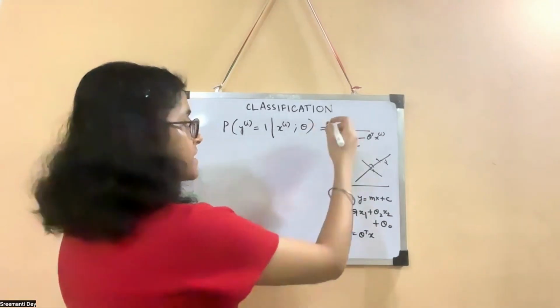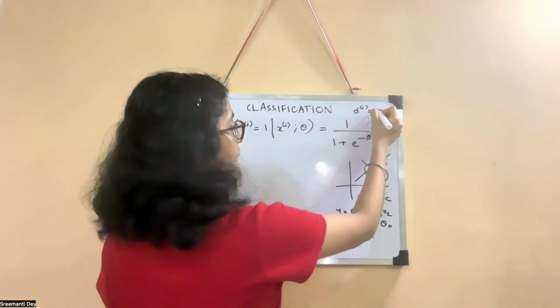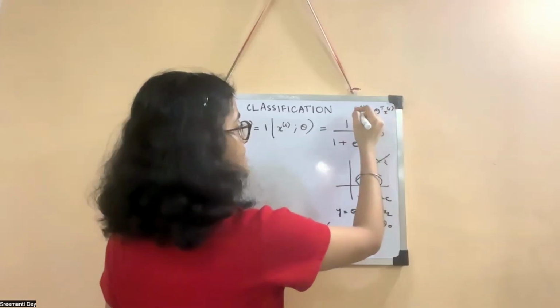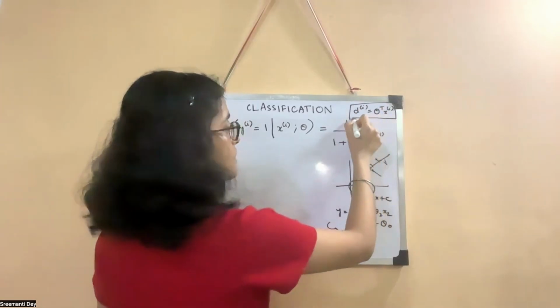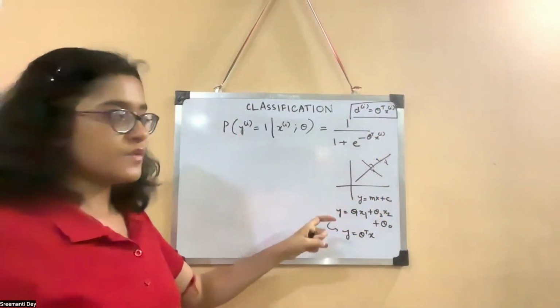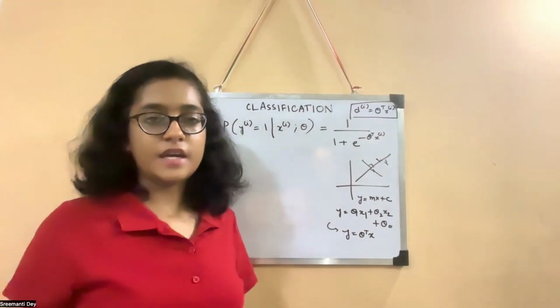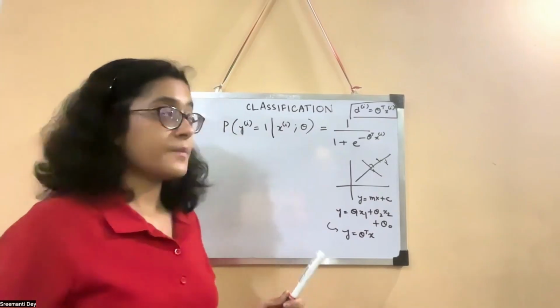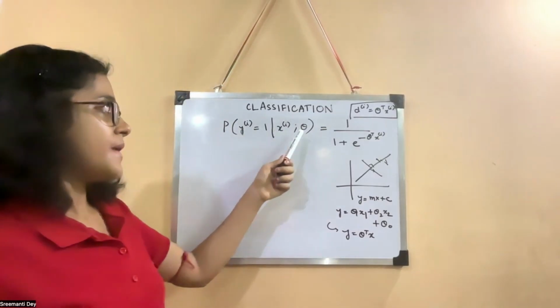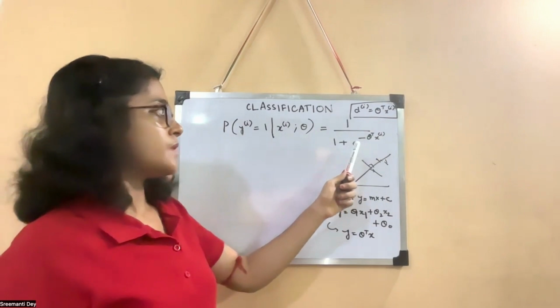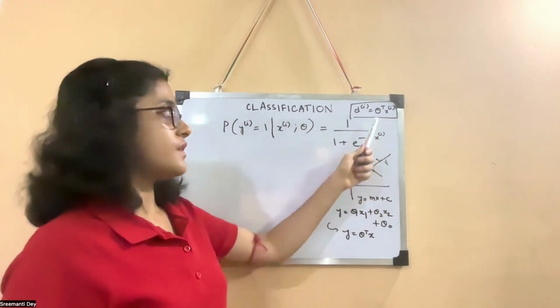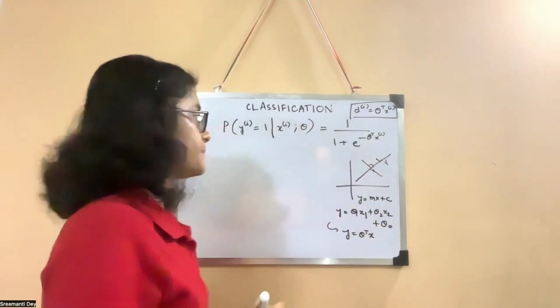Why are we doing that? If you remember di, we have written that as theta transpose xi. We don't want to get into this perpendicular thing, so we are just going to take theta transpose xi, which is removing all the constants. So the probability of yi equal 1 given xi parameterized by theta is 1 by 1 plus e to the power minus theta transpose xi, which is our positive distance.